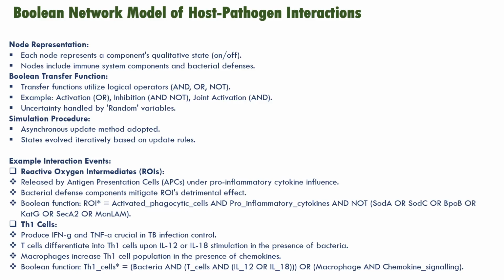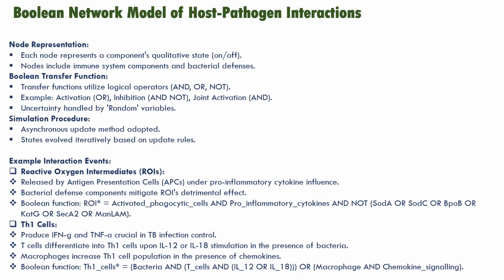Another example is the modeling of the TH1 cell that they have done. These TH1 cells produce cytokines, which are IFN gamma and TNF alpha. These cytokines help in TB infection control. These T cells differentiate into TH1 upon IL-12 or IL-18 stimulation in the presence of bacteria. Macrophages increase this T cell population in the presence of chemokines.